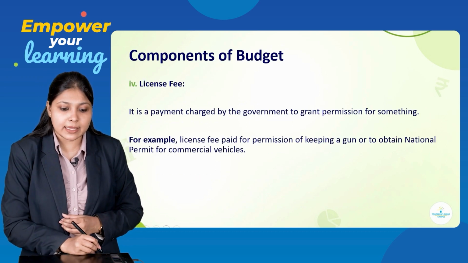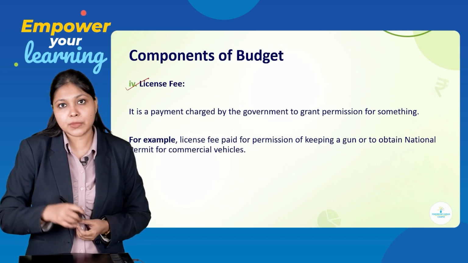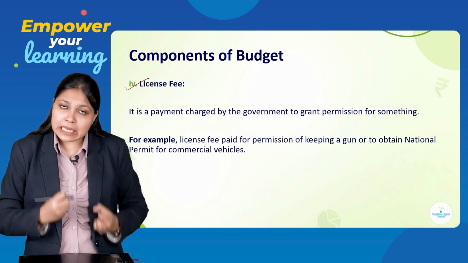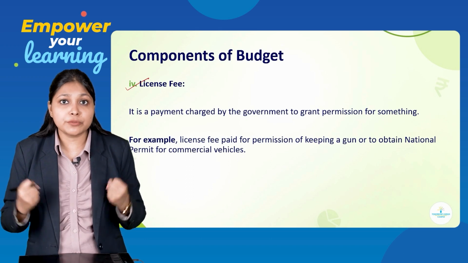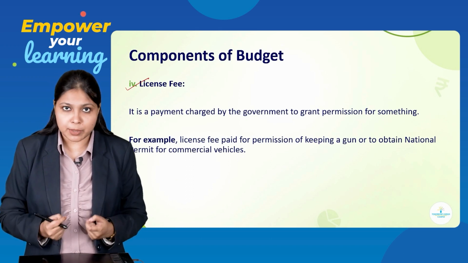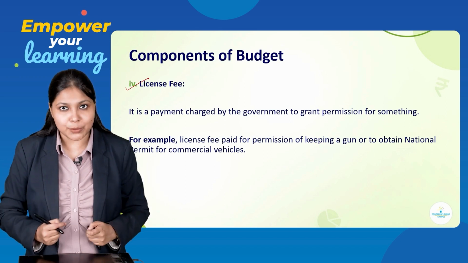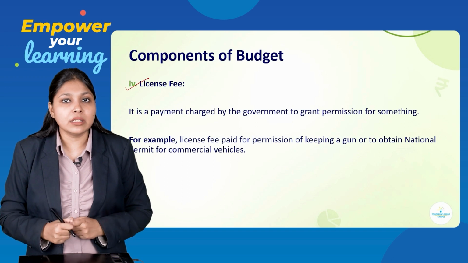Next comes license fees. There are certain things for which we require a license from the government. Best example, if you want to keep a gun at your home, you need a proper license from the government.